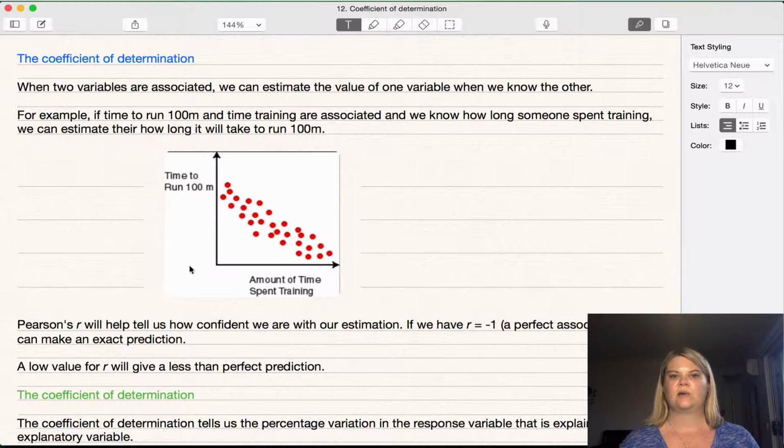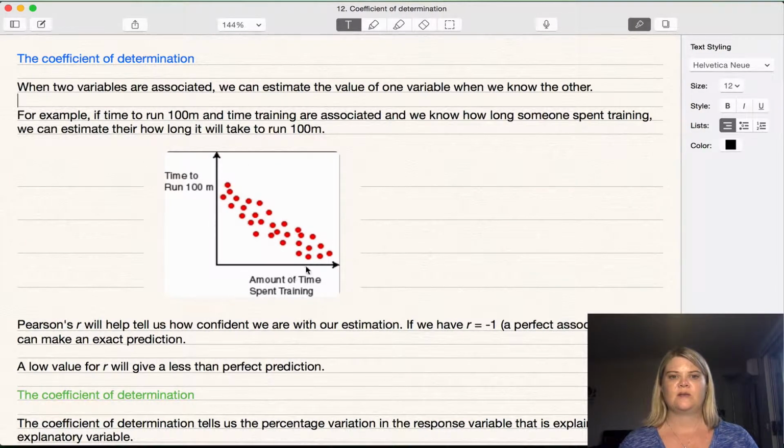So this is the example I have copied. If we know that the amount of time spent training is associated with the time taken to run 100 meters, so you'd expect if you spent more time training, it would take less time for you to run, so you'd run a faster time. So it's a negative association.